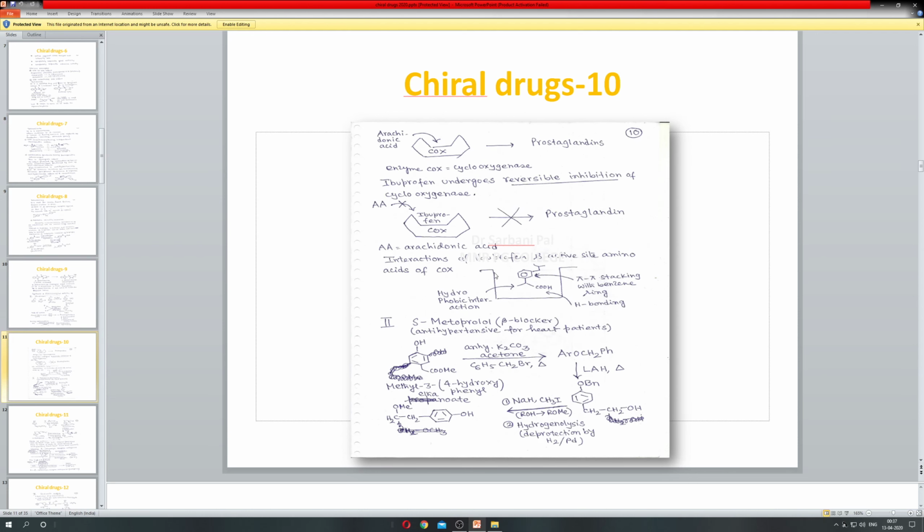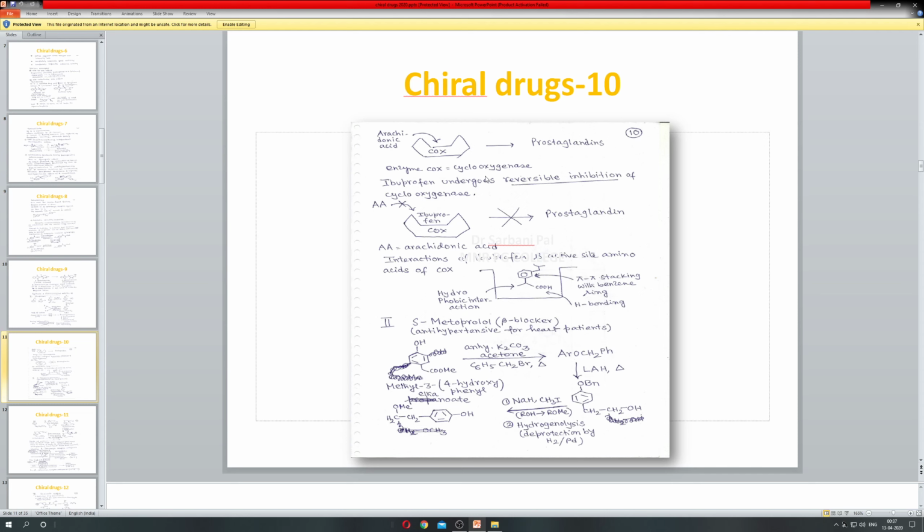Now see, this is the pictorial representation of the mode of action of ibuprofen. This is the cyclooxygenase symbol and this is the active site. In the normal case, arachidonic acid comes here and gets converted into prostaglandins in multiple steps.